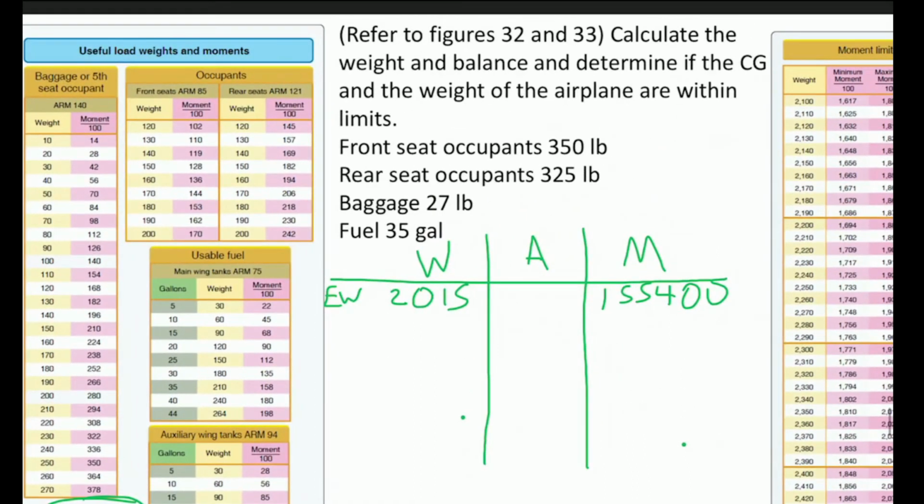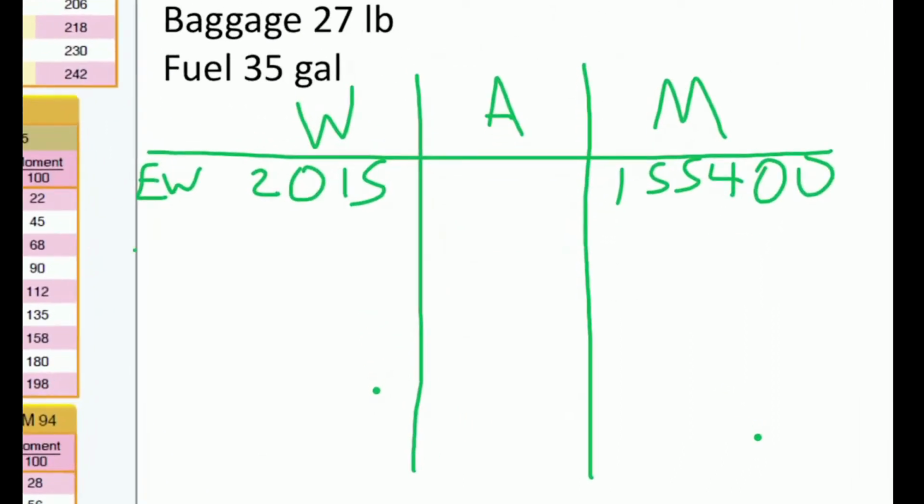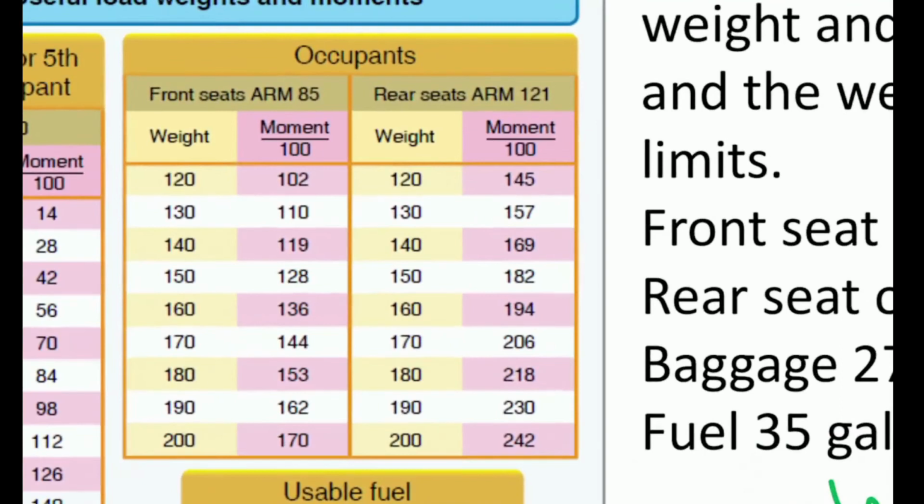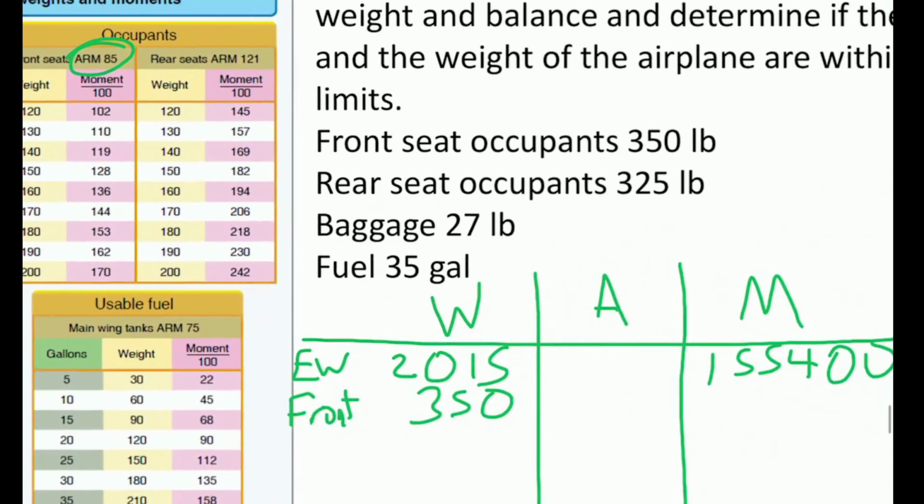Next thing we got is the front seat occupants. Front seat occupants is 350 pounds. The arm for front seat occupants, as we see on this chart, is 85.